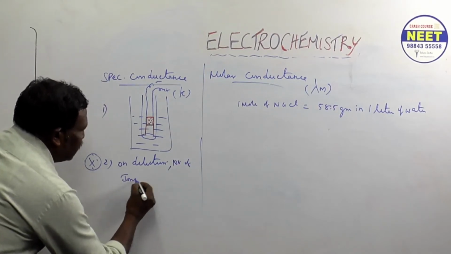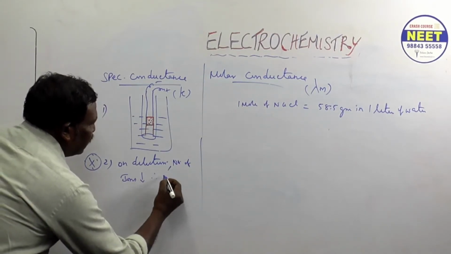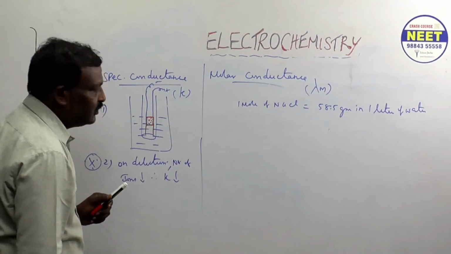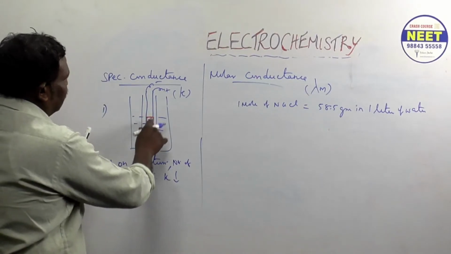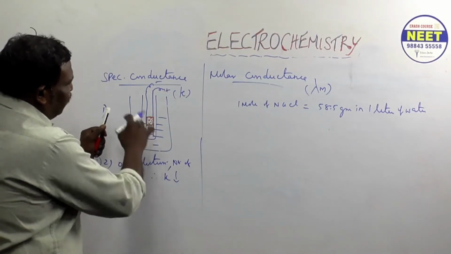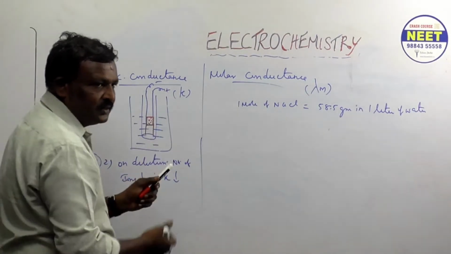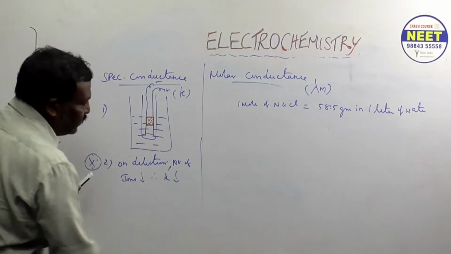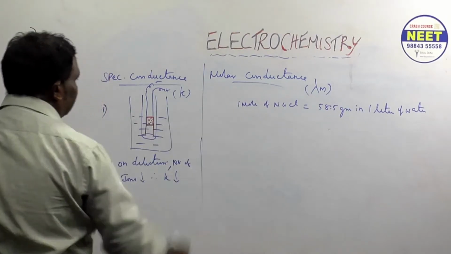Number of ions decreases, therefore kappa also decreases. Generally, when the number of ions increases, conductivity also increases, but on dilution the number of ions between the two electrodes decreases, so conductivity also decreases. Now come to the right hand side.